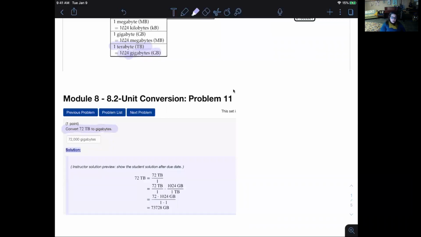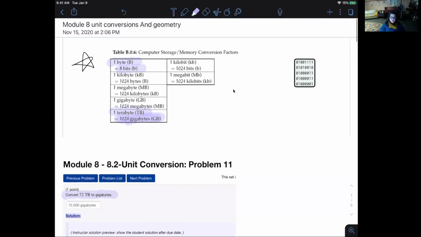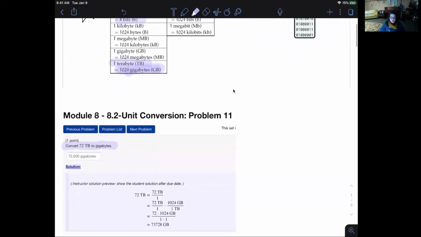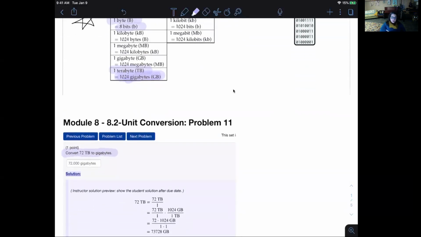1 terabyte is equal to 1024 gigabytes. Part of the reason we're using that number is that it's a base 2 number, which comes from binary. These are the conversion factors right here. When we say conversion factor, we're using the idea that 1 TB is the same thing as 1024 GB.